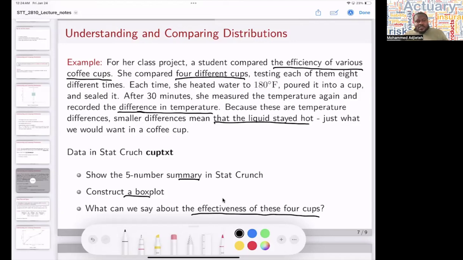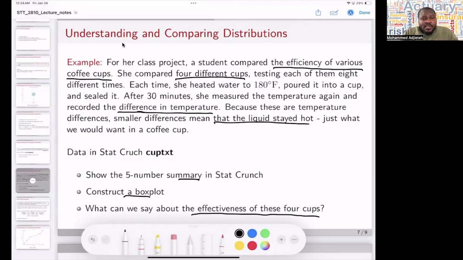Right. Now let's move to StatCrunch again. So it's very important that we understand this data. So try to write the questions down and also the various key things in the problem, so that when we get to the data, we can analyze it more effectively.